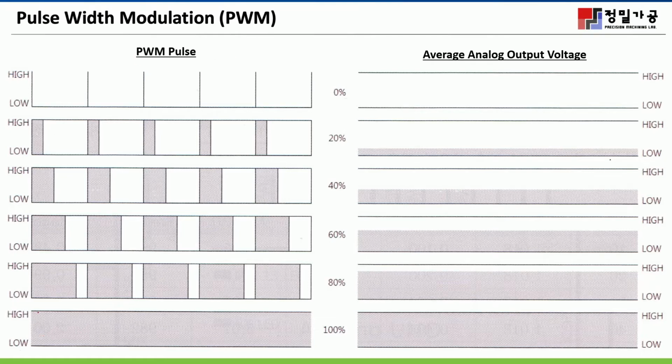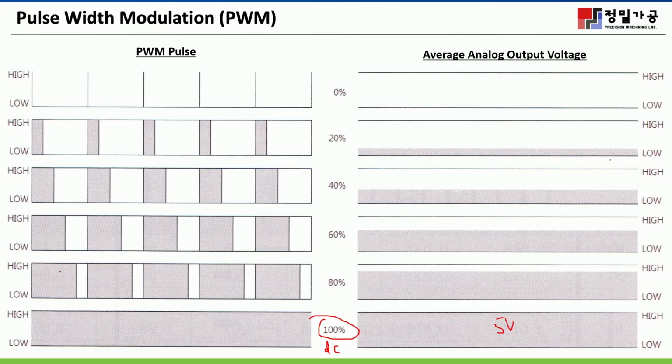As you can see, this one is fully high on. This one is 100% duty cycle, so the output voltage is on average also 5 volts.